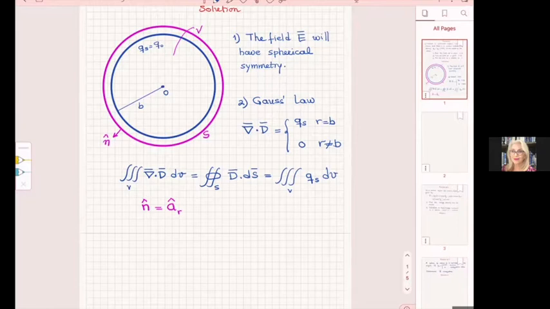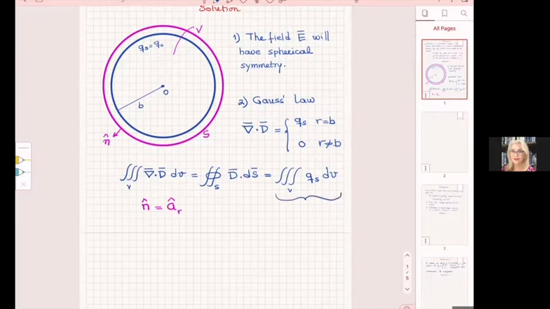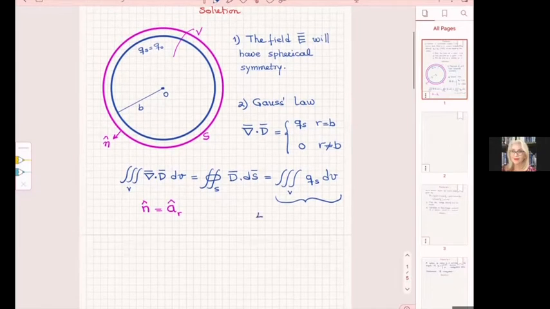So what is the total Q on this spherical surface? It's going to be the area of the surface times Q sub S. Is that right? Yes. Okay. How much is the area of the surface? It is 4π b squared. Do you agree with that?